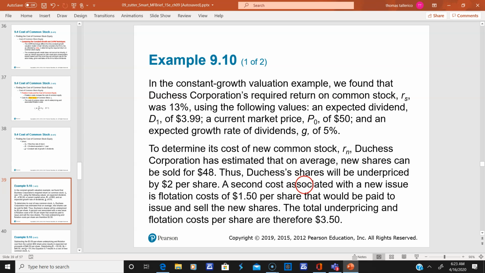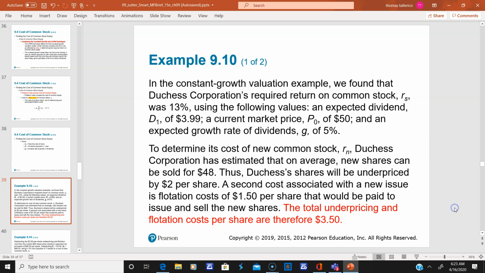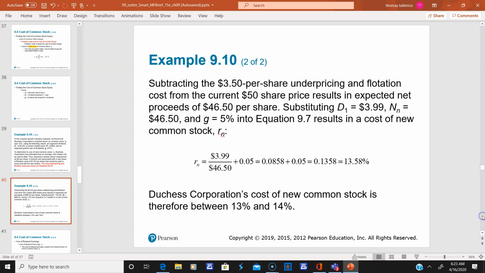A second cost associated with a new issue is the flotation cost per share that would be paid to issue and sell the new shares. So the total underwriting price with flotation costs and the fact that it's underpriced will make the cost $3.50 per share. This is what it's costing you to push this out.